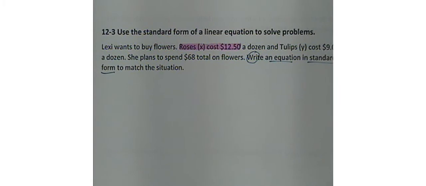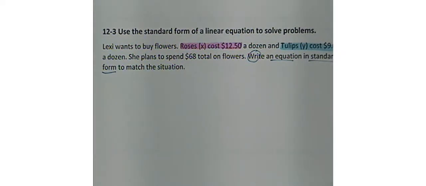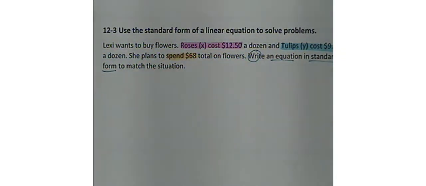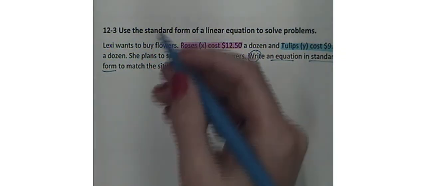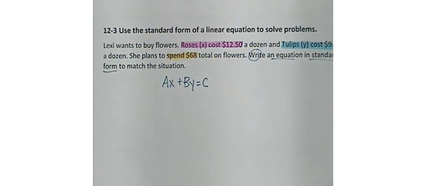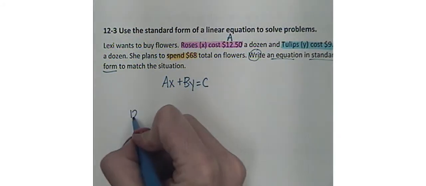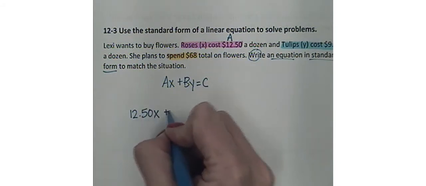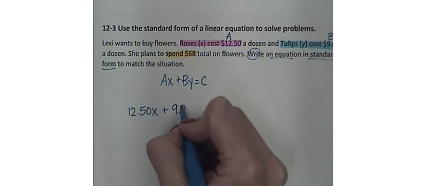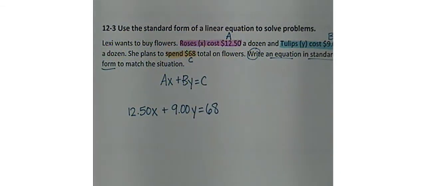We have tulips that we're going to use a Y for. That costs $9. And she has $68 to spend. So we need to write this as AX plus BY equals C. So here's our A with our X, so 1250X plus 9Y equals our total amount of money, which is 68.